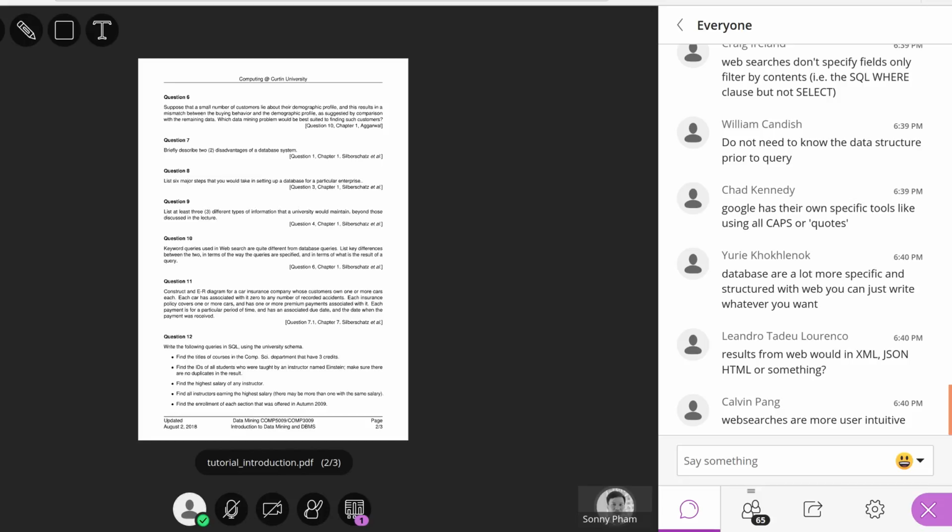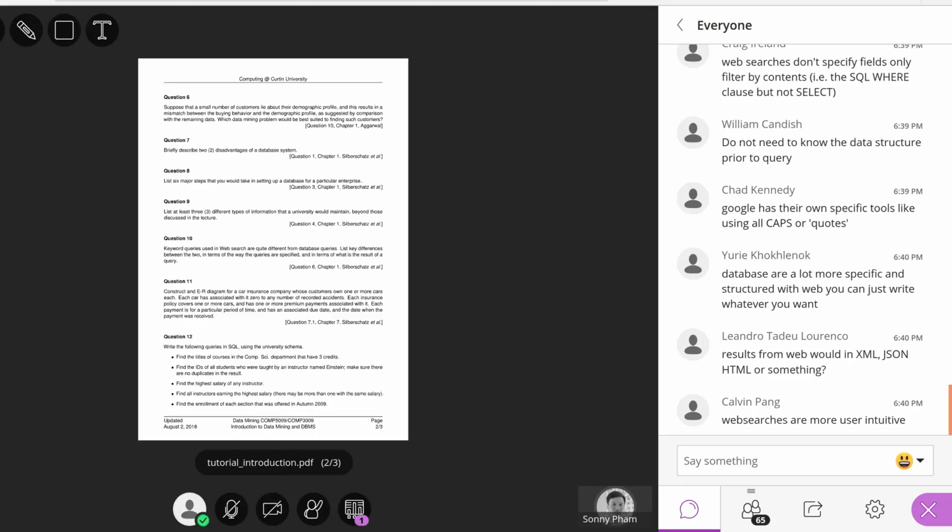Whereas if you misspell, for example, Curtin University by a character, I think the Google engine is smart enough to recognize that you made a mistake and still returns Curtin University in the list.